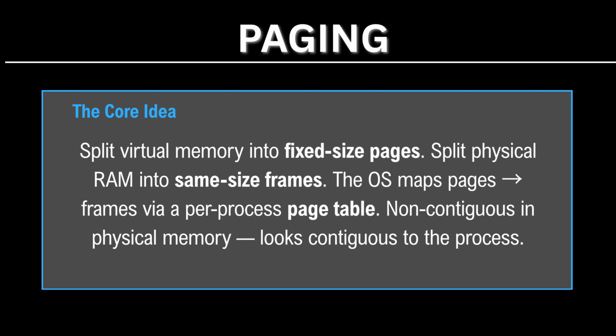The process sees a contiguous address space, but in physical RAM, those pages can be scattered anywhere. Because every page is the same size and every frame is the same size, any frame can hold any page. There are no gaps that are too small.